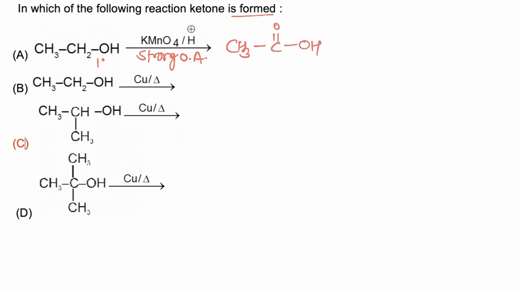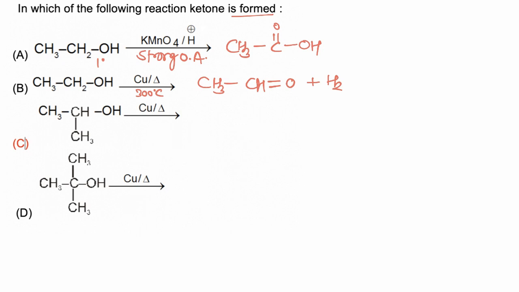Now in the second case, when ethanol is heated in presence of copper at high temperature, approximately 300 degrees Celsius, at this temperature the hydrogen H2 molecule will be released, and this will be converted to CH3CHO, aldehyde, plus hydrogen gas is released.